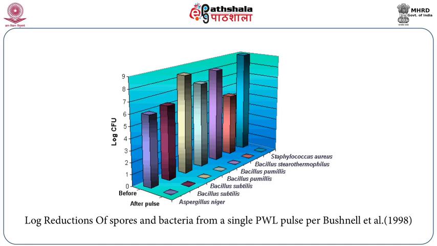The foods which contain these organisms are exposed to this light, and the log reduction of spores and bacteria from a single pulse is recorded, before pulse and after pulse, as log CFU. You can see the gradual reduction of their load in the food after applying this high intensity pulsed light.